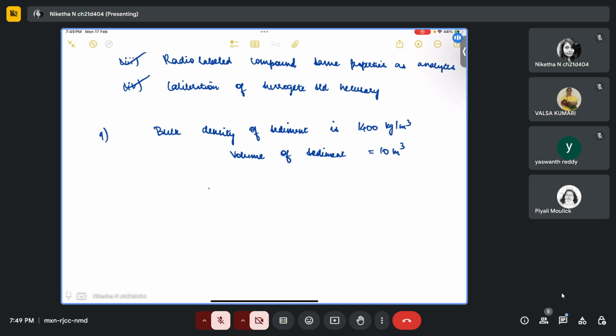So they have given the bulk density and they have given the volume. Can you tell me what is bulk density? How do we find the bulk density formula?